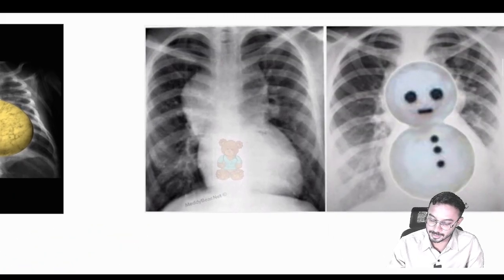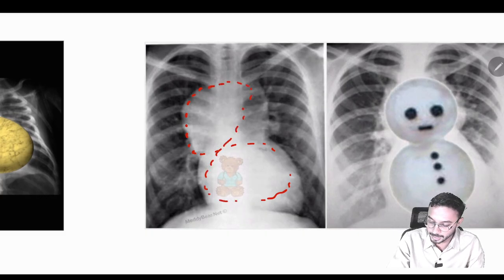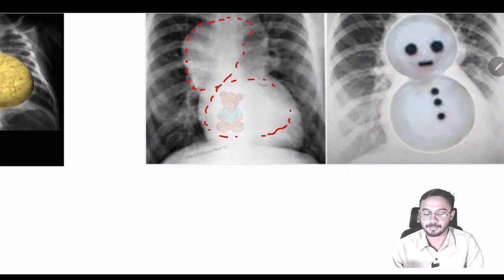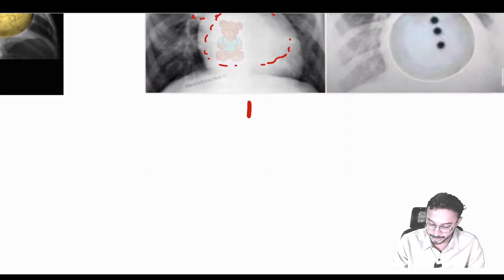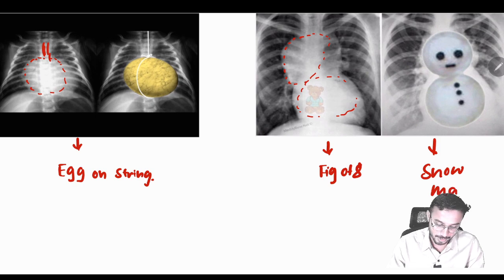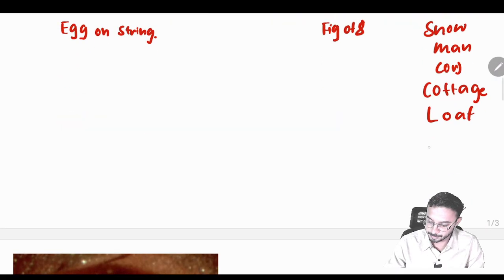And what is this? This is a figure of 8, seen in TAPVC, with pulmonary venous congestion and so on. This figure of 8 appearance is also known as snowman appearance, or cottage loaf appearance.